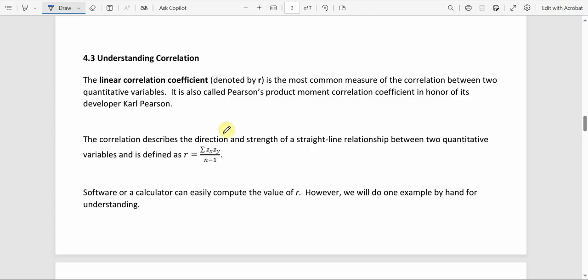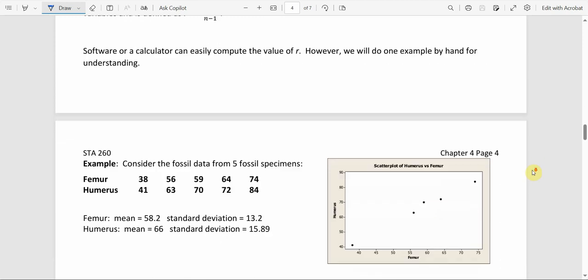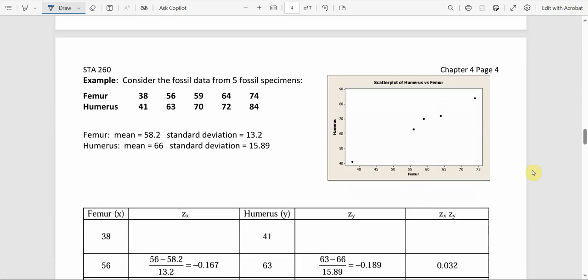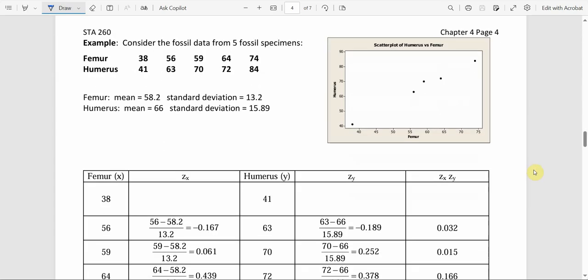You kind of get the direction for free, even though if you have the scatter plot, admittedly, you probably don't need that part. The part that you do need is strength. So that's really what this is for. And we are going to do one of these by hand, sort of, but not really. And really, we're just going to do the first individual here, the little one.